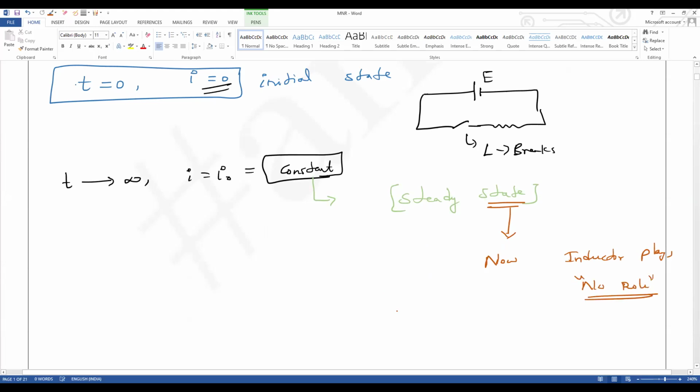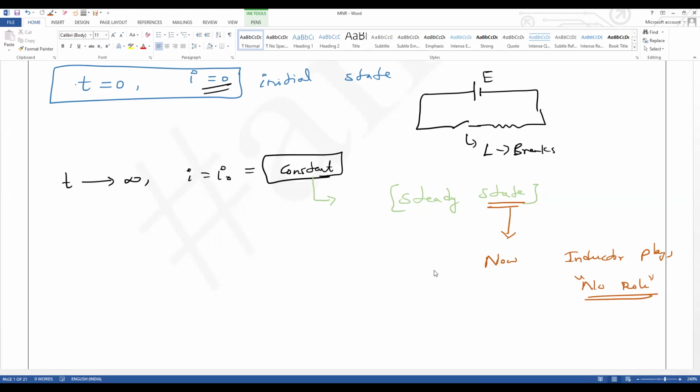So there is no role. So the inductor only has importance up to where? Do you all understand, everyone? Once the current becomes maximum, the inductor is not opposing, because it has already reached the maximum.